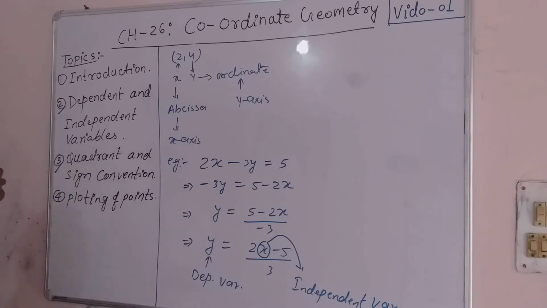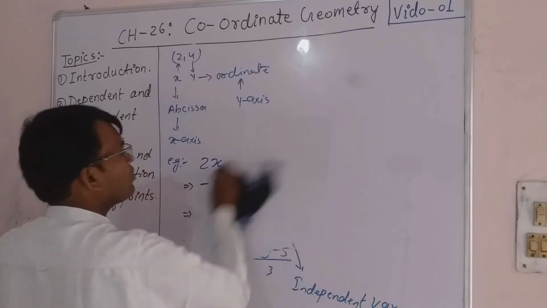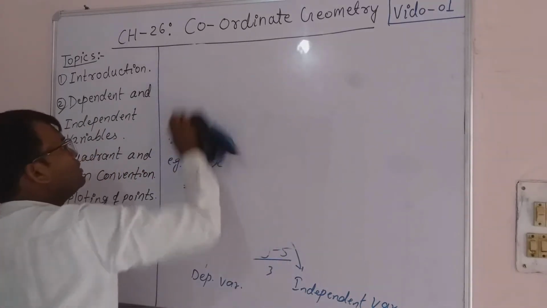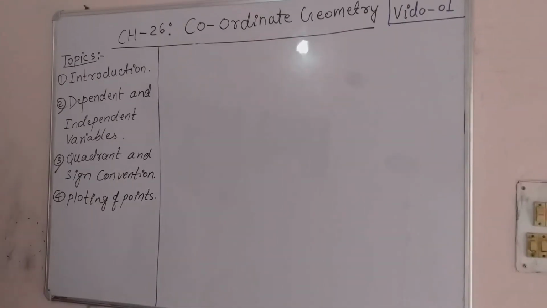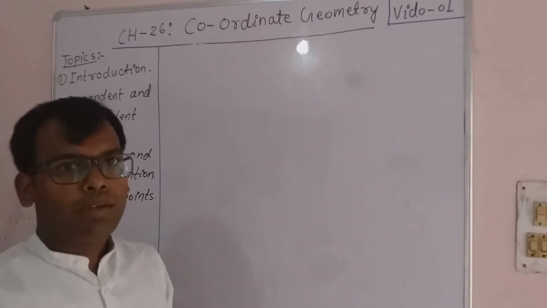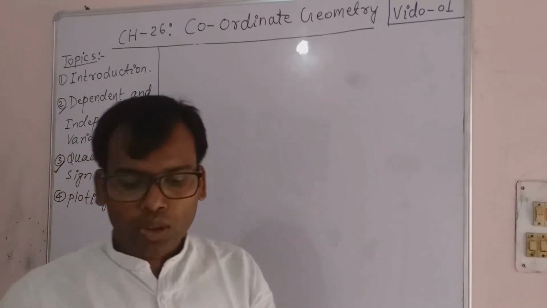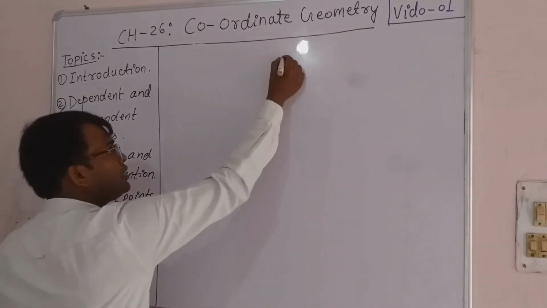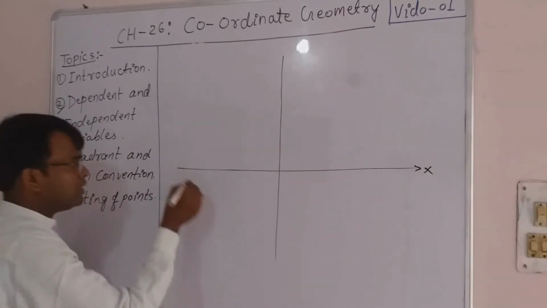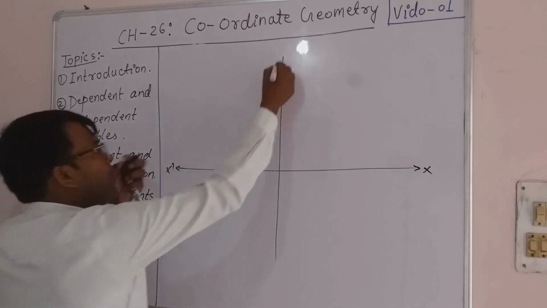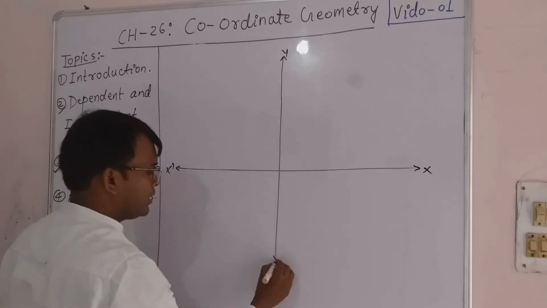Now from here, coordinate geometry will start. Now see the third topic, which is quadrants and sign conventions. Let me first explain the division of the coordinate plane. Suppose this is the coordinate axis, which is divided into two axes. One is called the x-axis and the other is called the y-axis.